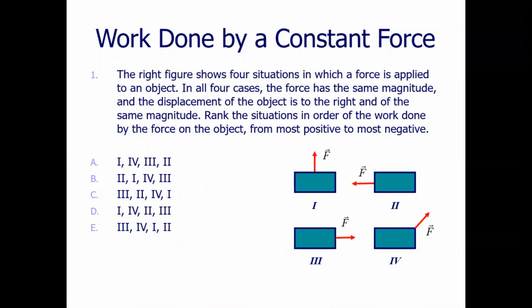The answer is E. So we can see that the answer here is nothing but E. That was just a revision about work: the fact that work can be negative, it can be positive, and it can also be 0, depending on the angle between the force and the displacement.